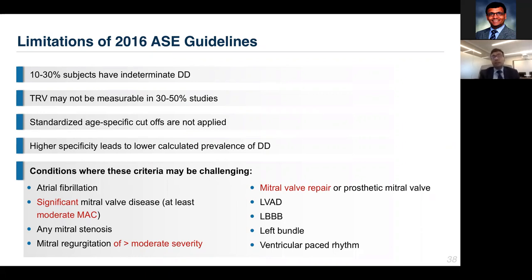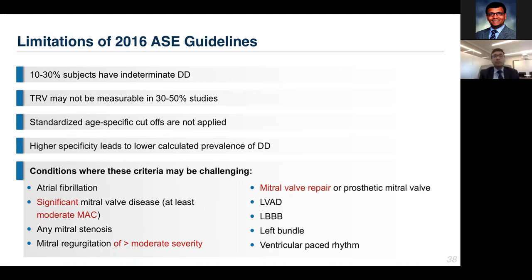You have lack of measurement of TR velocity, and age-specific cutoff values have not been applied, and this is something that is going to be needed in the near future. And there is a higher specificity, and that leads to lower calculated prevalence of diastolic dysfunction.